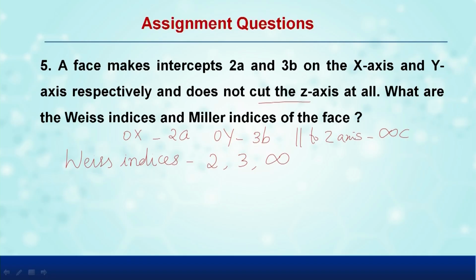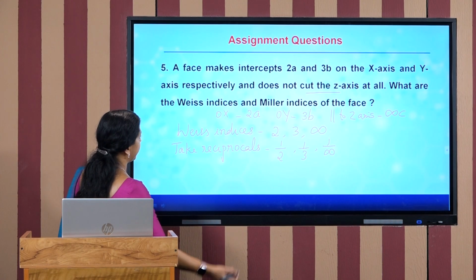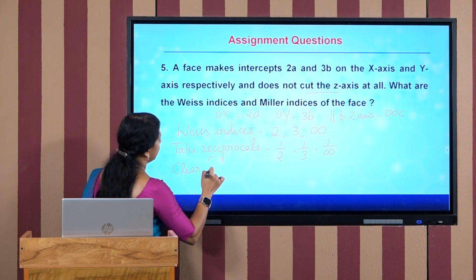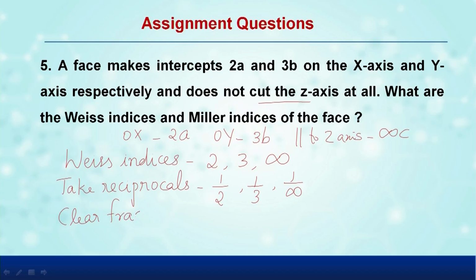So, you have to take the reciprocals. So, we have 1 by 2, 1 by 3 and 1 by infinity. And in order to get the Miller indices, we have to clear the fractions.